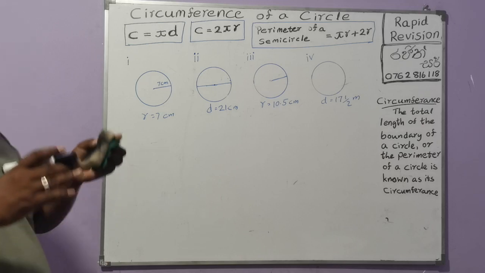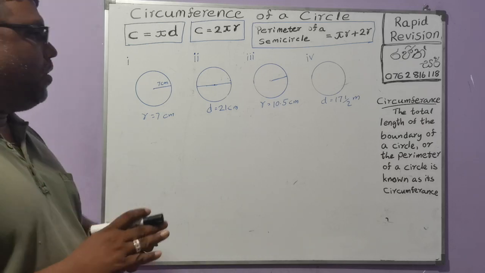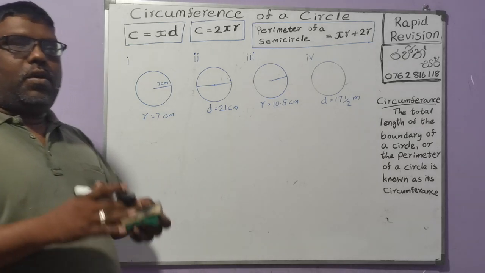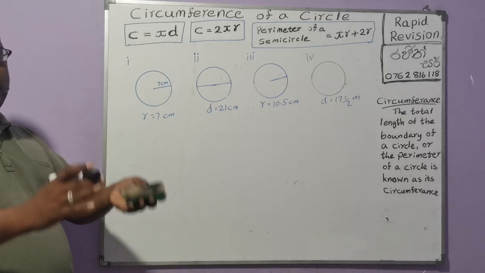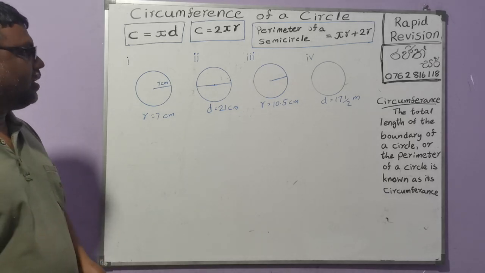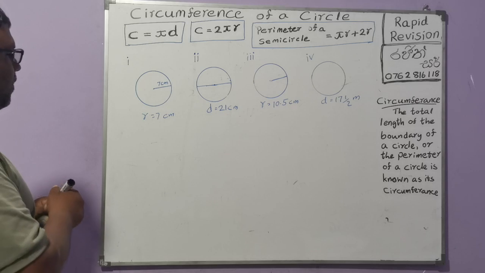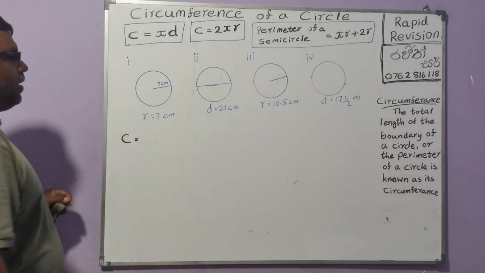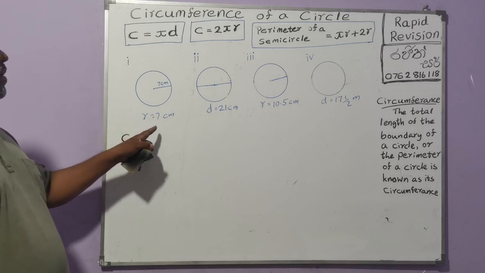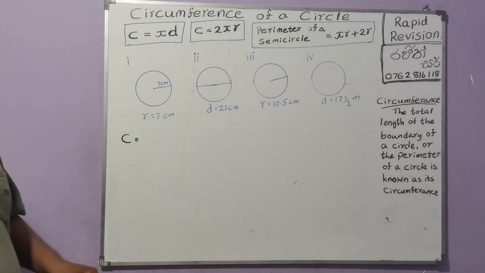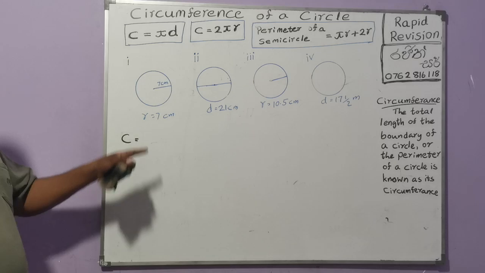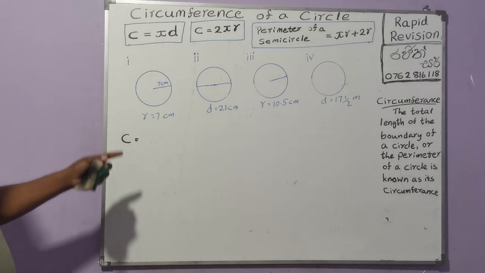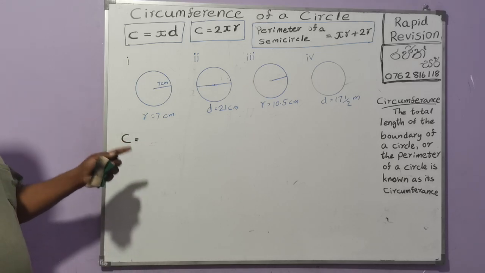You have to clearly check what they have given and what they are asking. They are asking the circumference, that is C. They have given the radius. If they have given the radius, what equation should we follow?